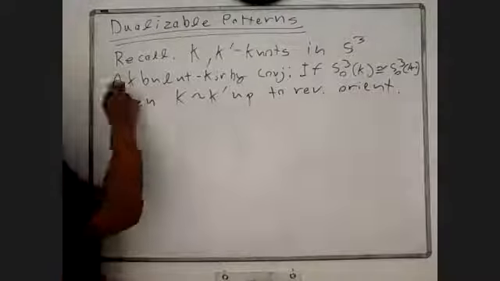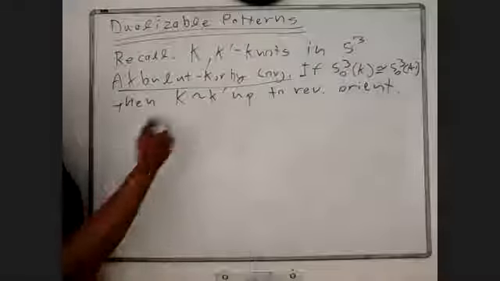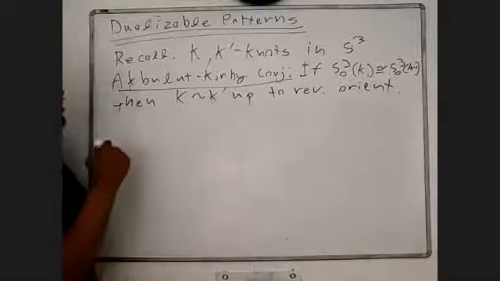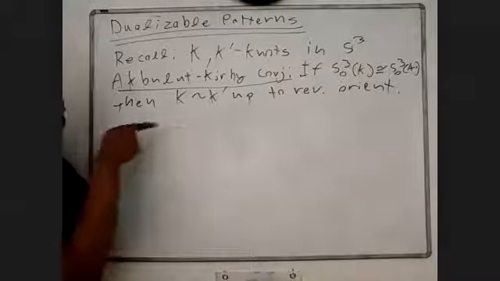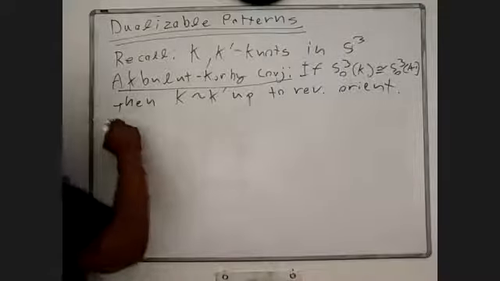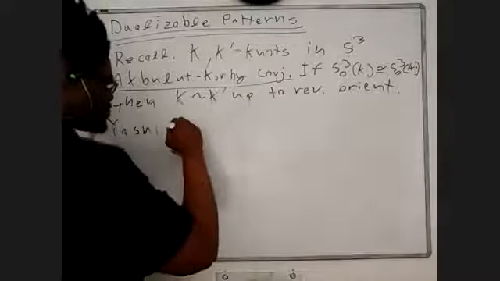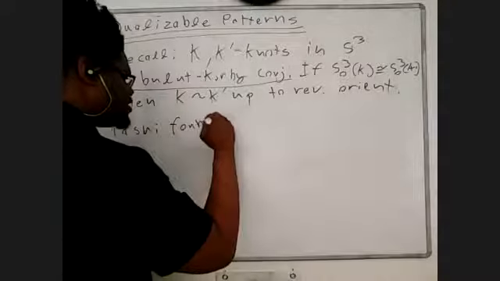So we're talking about these two conjectures. The Piccirillo conjecture says that if two knots have homeomorphic zero surgeries, then the knots are concordant up to reversing orientation. And we said that Yasui found counterexamples.